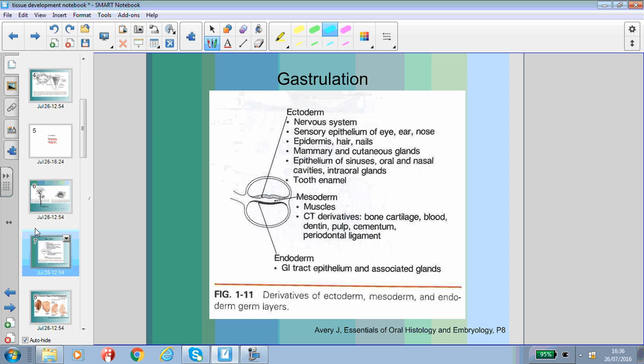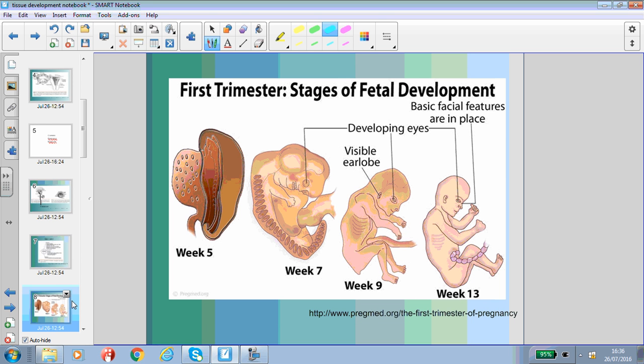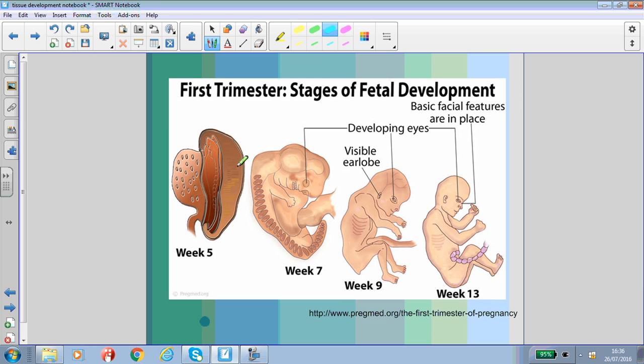So from then on, things continue to develop. As I said, the first trimester is by far the most involved trimester. It's a time when most things happen, and it is up to week 13 of pregnancy.